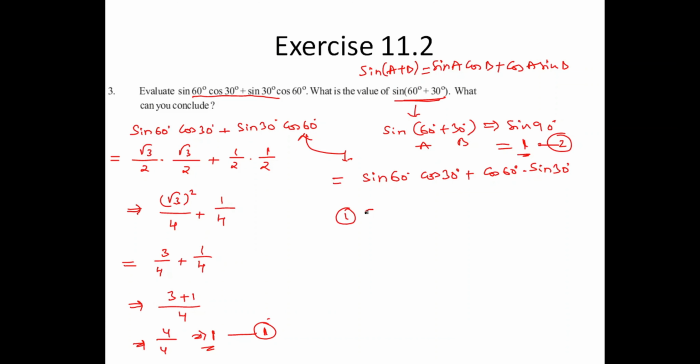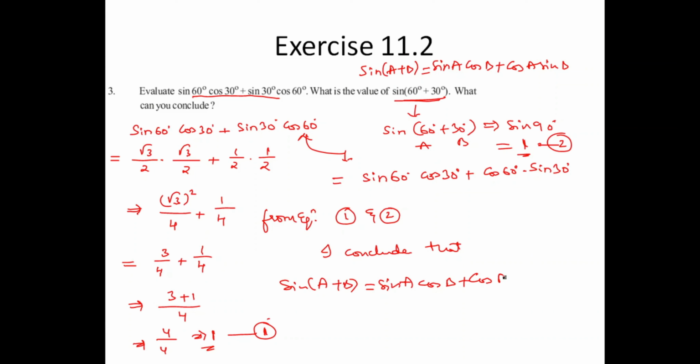So from equation numbers 1 and 2, I conclude that sin of a plus b is equivalent to sin a into cos b plus cos a into sin b.